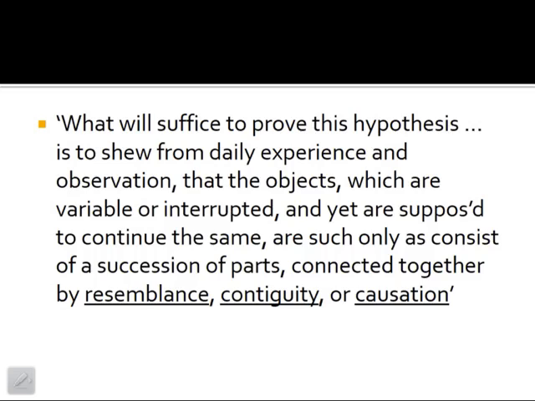To go back to the Play-Doh example, if I have a bit of Play-Doh and then take a tiny bit away from it, Hume would say those 2 objects are actually diverse, but we tend to think they're the same because they resemble each other. They're connected by a relationship of resemblance. Resemblance means similarity.